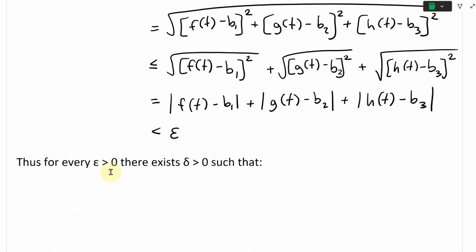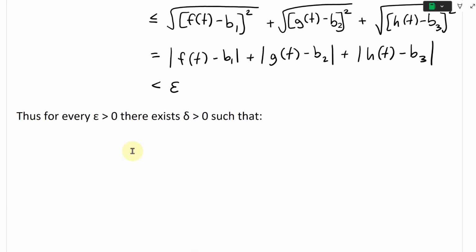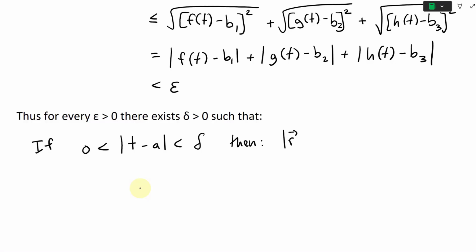So thus, for every epsilon greater than 0, there exists a delta greater than 0, such that, I'll actually put the if sign, if 0 is less than the absolute value of t minus a, which is less than delta, then the difference between the vector function and the vector b is less than epsilon.